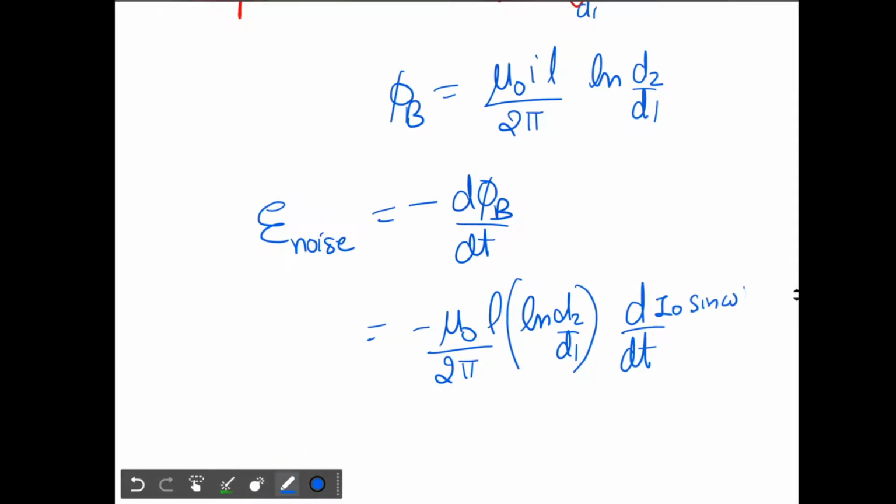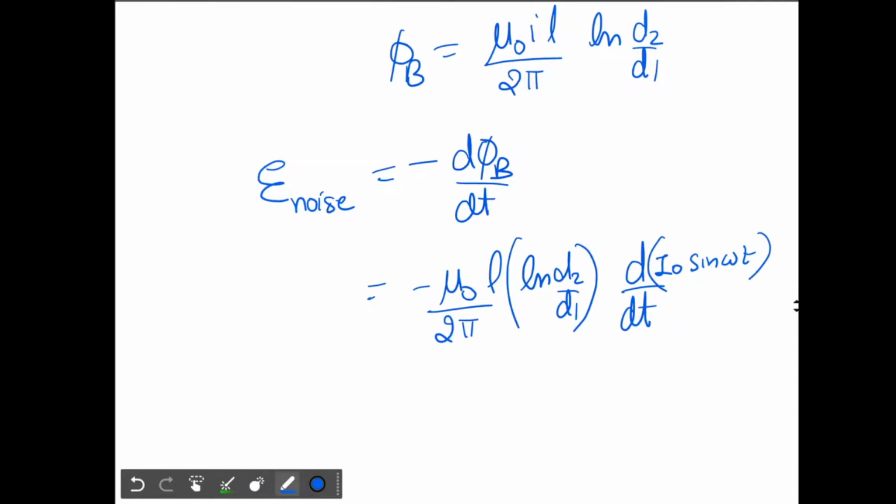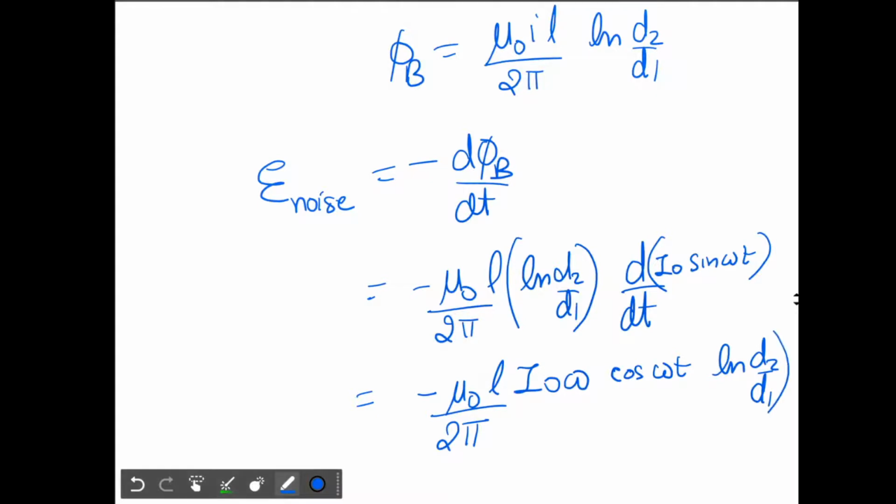So this gives minus mu naught L by 2 pi I naught, the differentiation of sine omega t gives omega cos omega t, and then we have logarithm d2 by d1. This is the EMF.